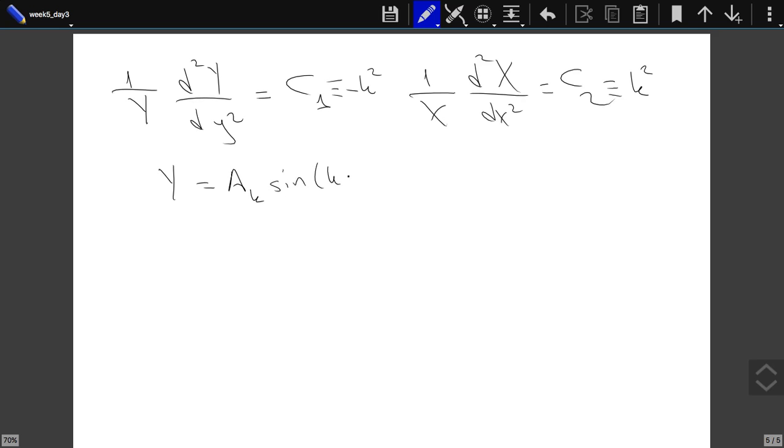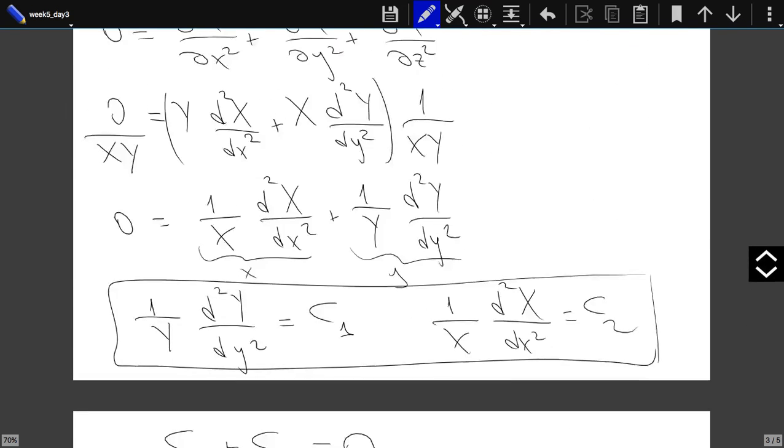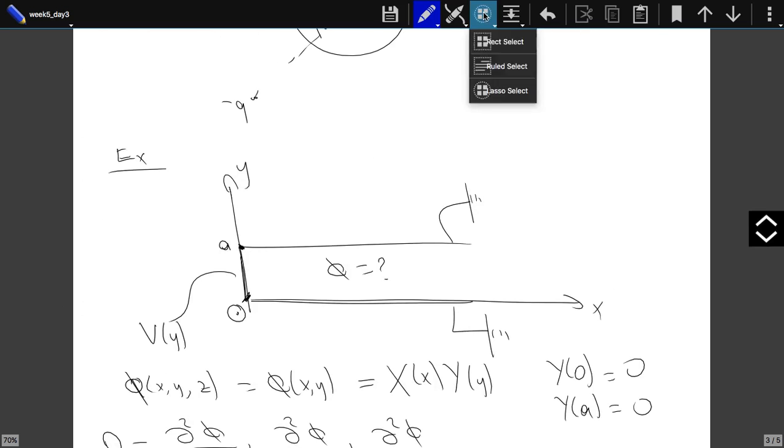Sine of ky plus delta k, and x will be equal to bk times e to the power kx plus ck e to the power minus kx, assuming k is positive again. Now, let's look at our problem again.